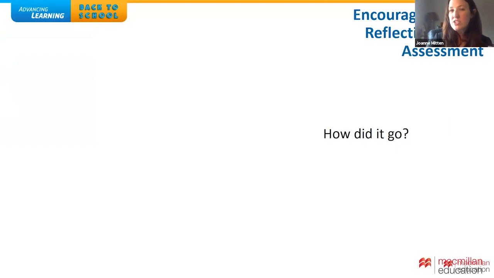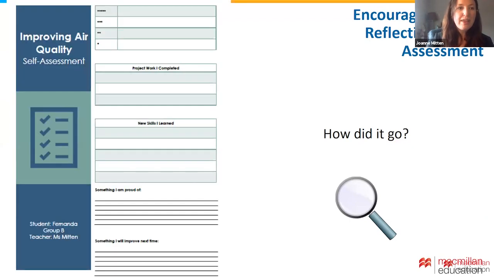I spoke about the student reflection or self-assessment. So they're thinking about, how did it go? At the beginning, I thought about what success looked like for me and for my group. Now I'm reflecting on how it actually went. Did I live up to what I wanted to do? And again, it's a document that looks a little bit like their getting started document.